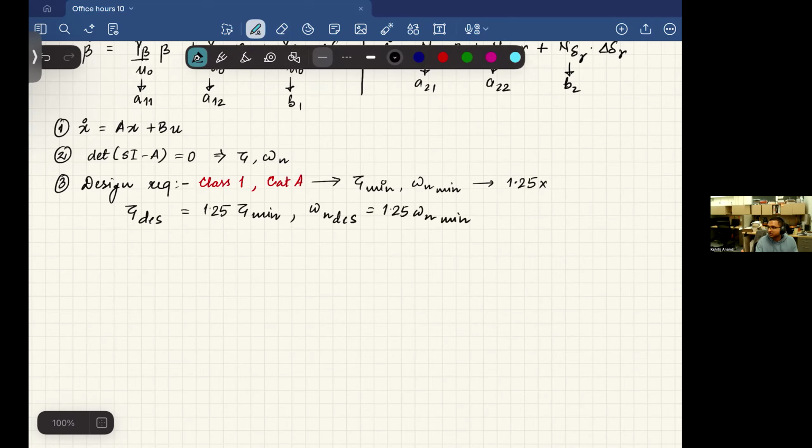And then it's the same story again. You find K by constructing the ideal matrix A minus BK, and then you use zeta desired and omega n desired to find K1 and K2. It's the same thing that we did in the last question.